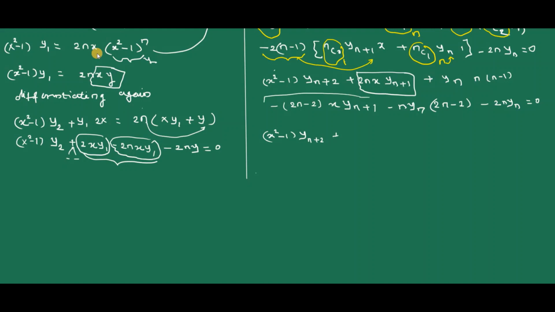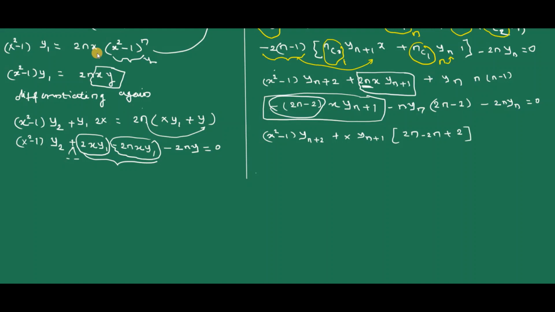Then here you also have minus (2n minus 2), and only these are the two terms containing y_{n+1}, where you can take x and y_{n+1} common, then write down the remaining terms. Here we are left with only 2n, and here we are left with this complete term. So minus into minus is plus 2.